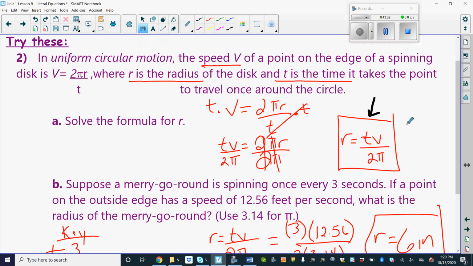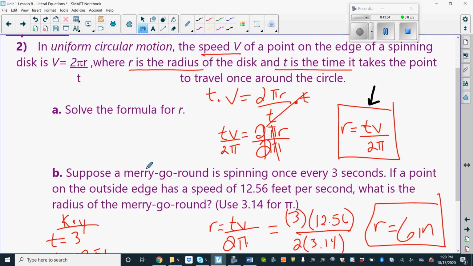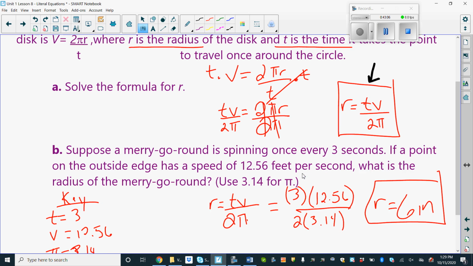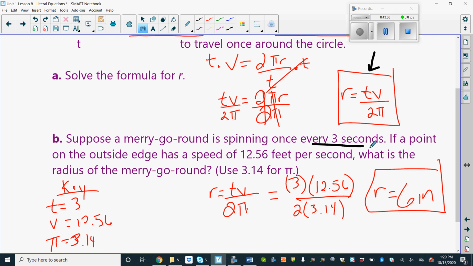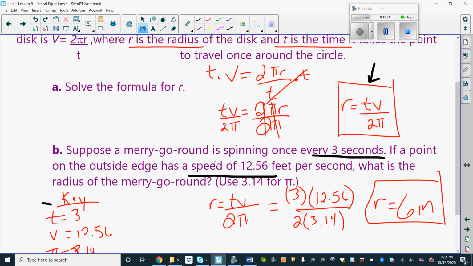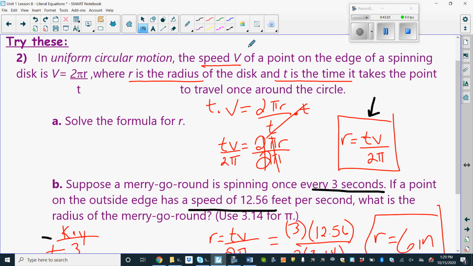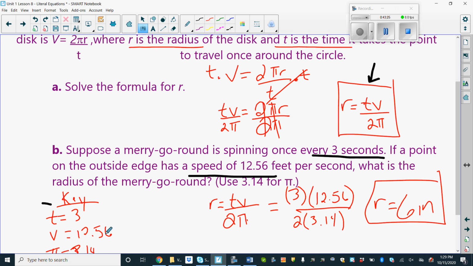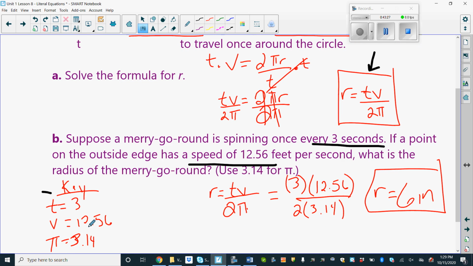So now we're going to use that formula. Suppose a merry-go-round is spinning once every 3 seconds. So right there, I know that that's talking about time. So I wrote t equals 3 in my key. And on the outside of the edge, it has a speed of 12.56. And I know speed, they told us here, was represented by v. So in my key, I'm going to write v equals 12.56.